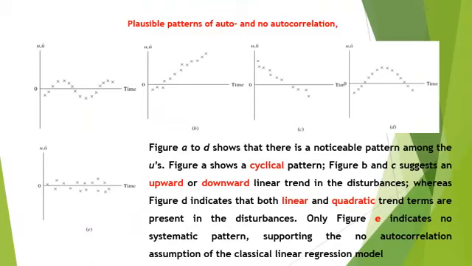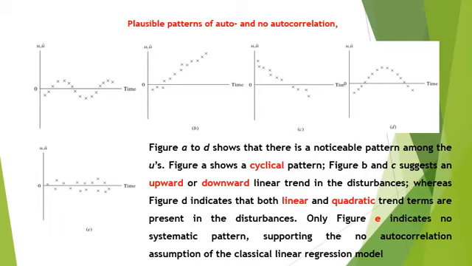Let's see five different possible patterns of autocorrelation among the five diagrams attached here. Among these five, the first four, that is figures A to D, show an obvious pattern among the stochastic terms. Figure A shows a cyclical pattern among the disturbances. Figure B shows an upward linear trend, and figure C suggests a downward linear trend in the disturbances.